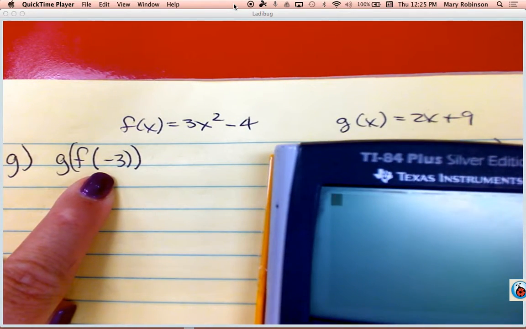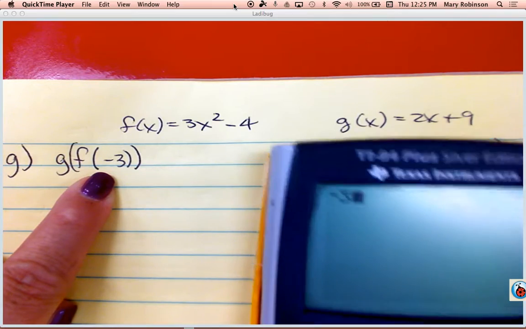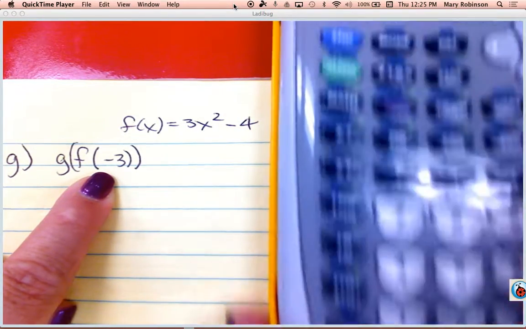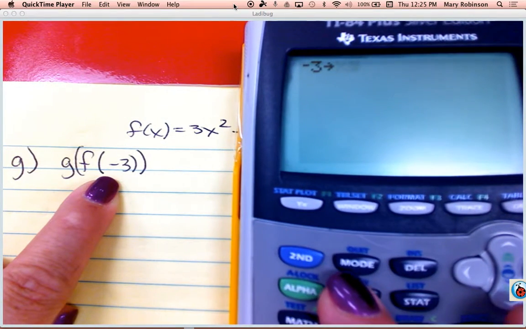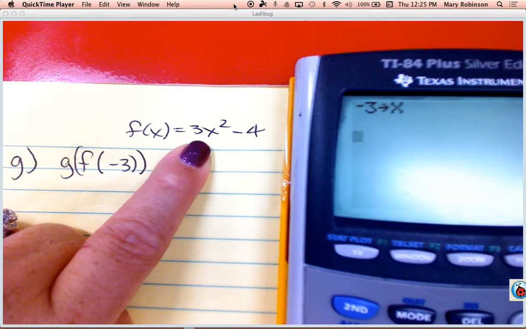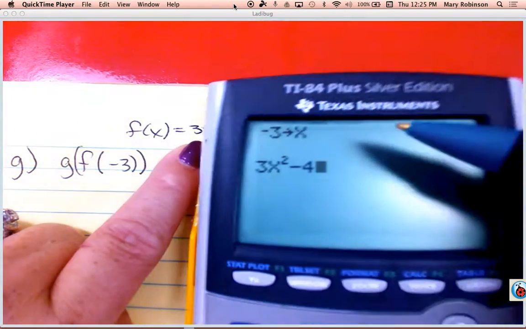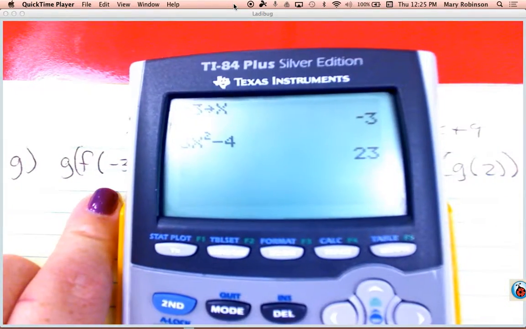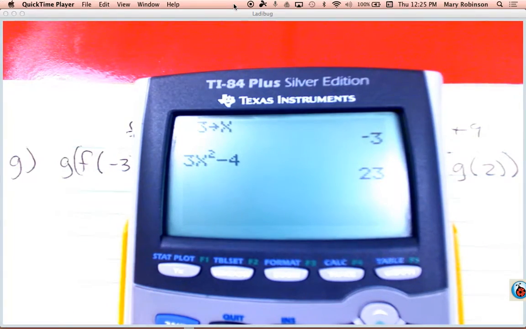My best recommendation for you is to type in -3 and store that. So right here, your STO button, store that as x and hit enter. Then type in 3x squared minus 4 and it will substitute the value of -3 in for x for you accurately. So hit enter and we get a value of 23.